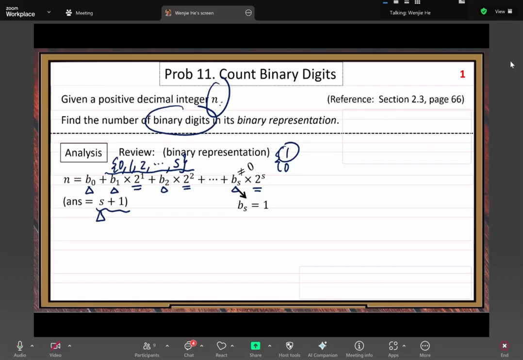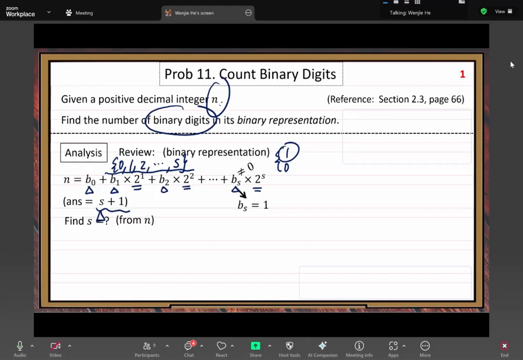All right. So our next question: how to represent S in terms of n. So we need to explore the relationship between S and n.